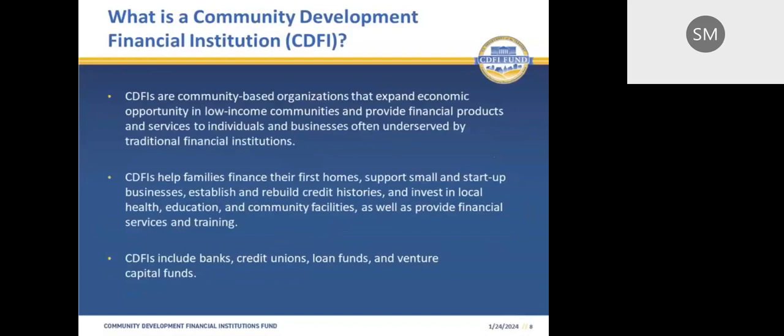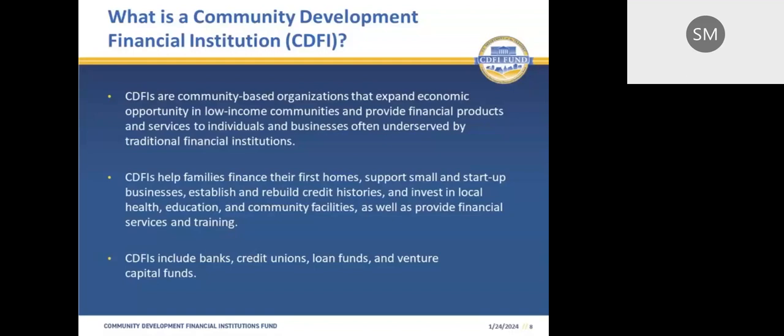So what is a CDFI? For anyone viewing who is not already familiar, CDFIs are community-based financing entities that expand economic opportunity in low-income communities and provide financial products and services to individuals and businesses often underserved by traditional financial institutions.